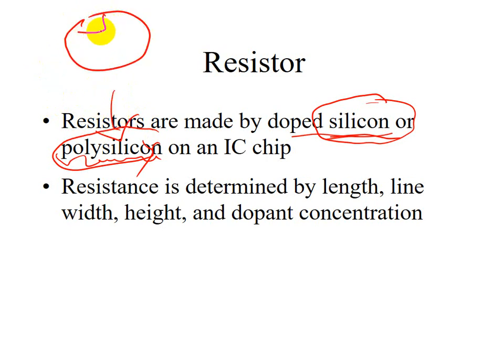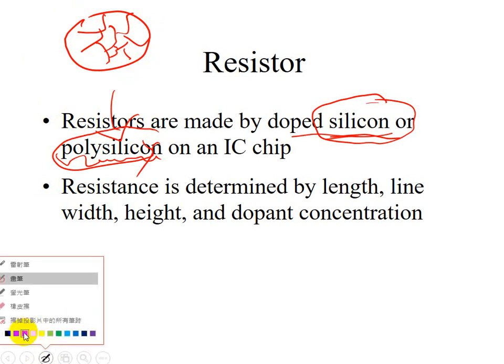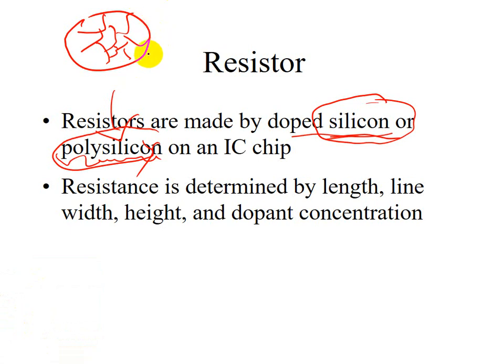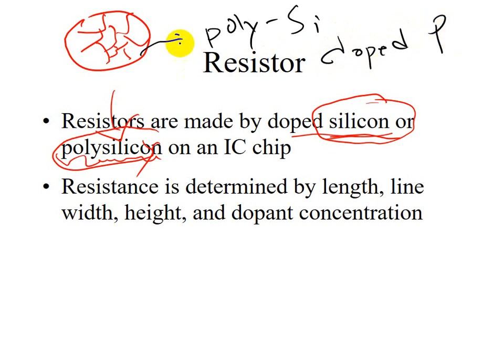In a polycrystalline material, you have a lot of grain boundaries between the grains. For a signal to pass through, you also need to dope with phosphorus, boron, etc. This is polycrystalline silicon, and you need to dope, say, phosphorus ions.